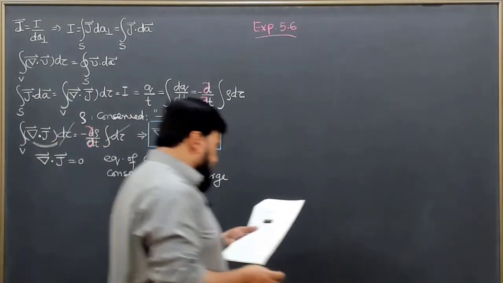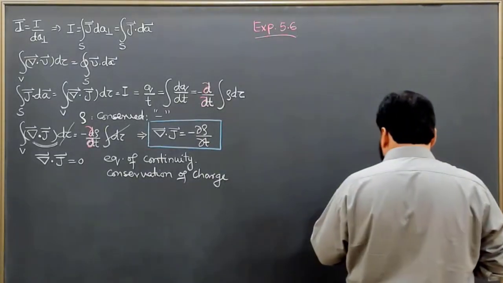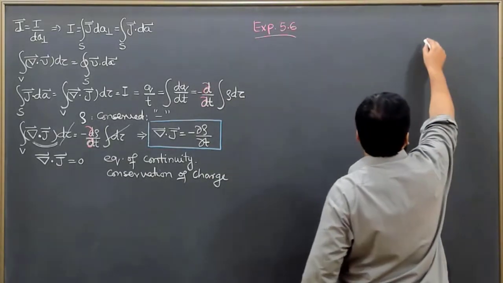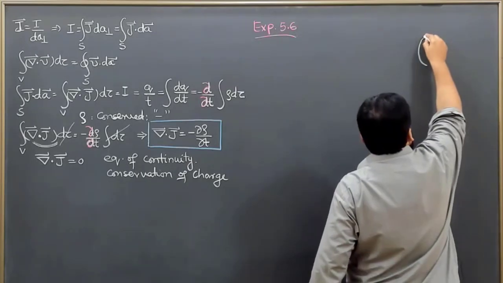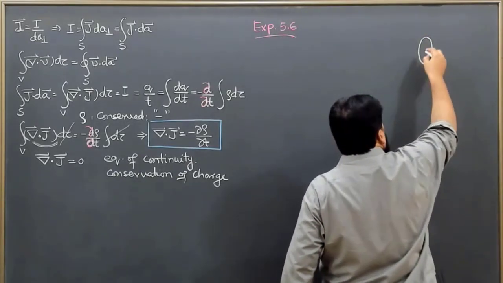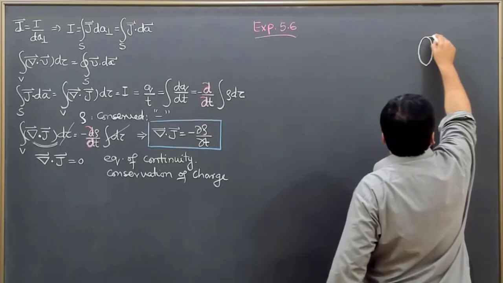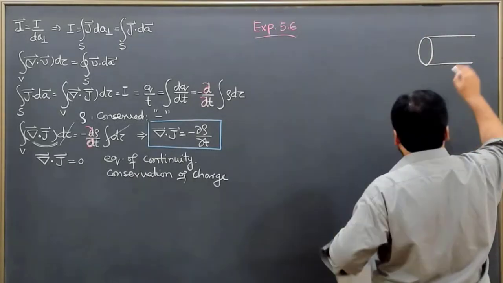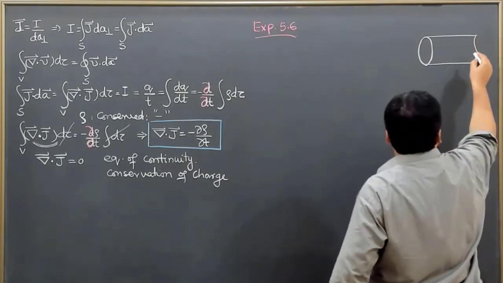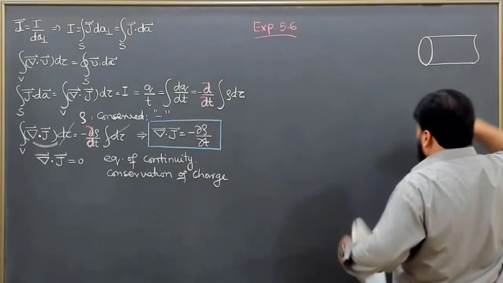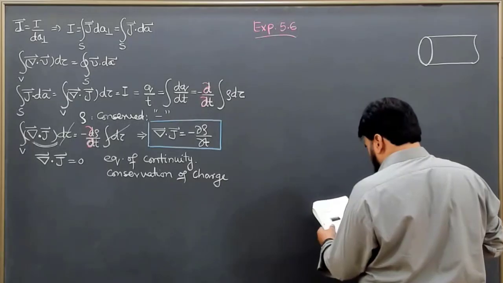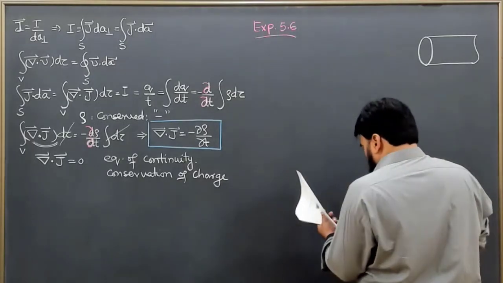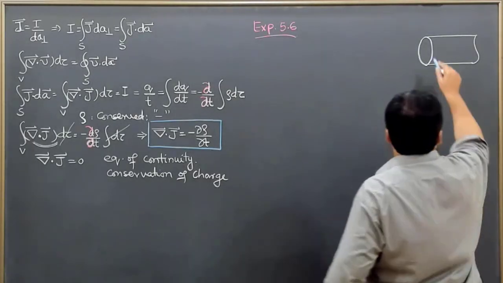First, we have a wire and current is uniformly distributed over it. We name the cross section of the wire, and current is uniformly distributed over this wire. Besides, it is an infinite wire, and current is distributed here.